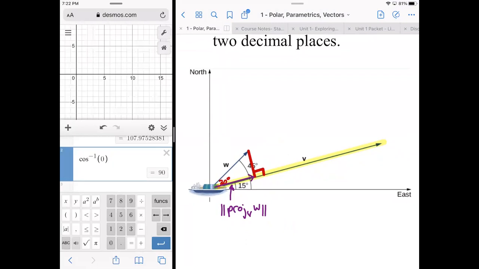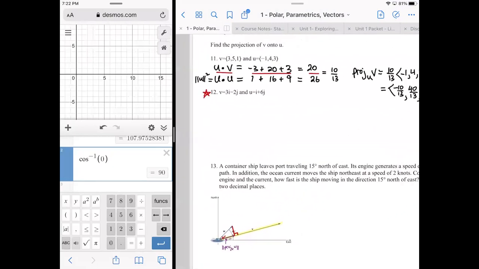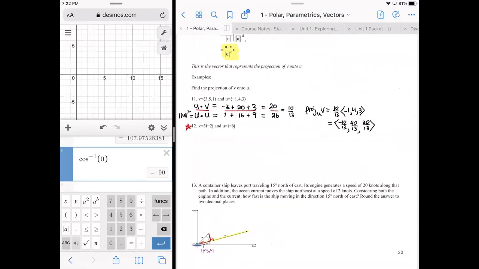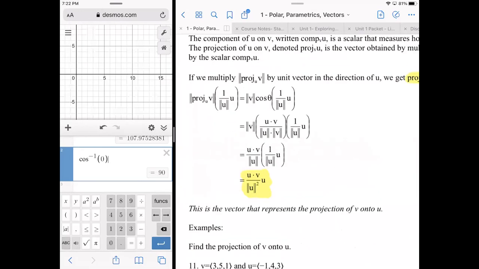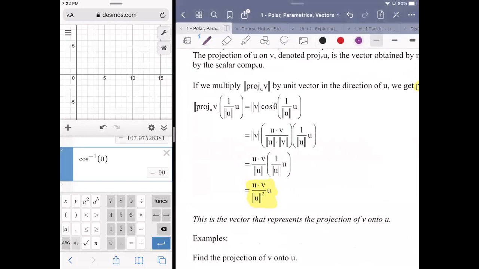Right. If you compare it to the formulas, and I'll just kind of bring it back, just look at the part of the formula that's related to the, sorry, the magnitude of the projection. I could just kind of bring it in a little bit, highlight for you. It would be this guy here.